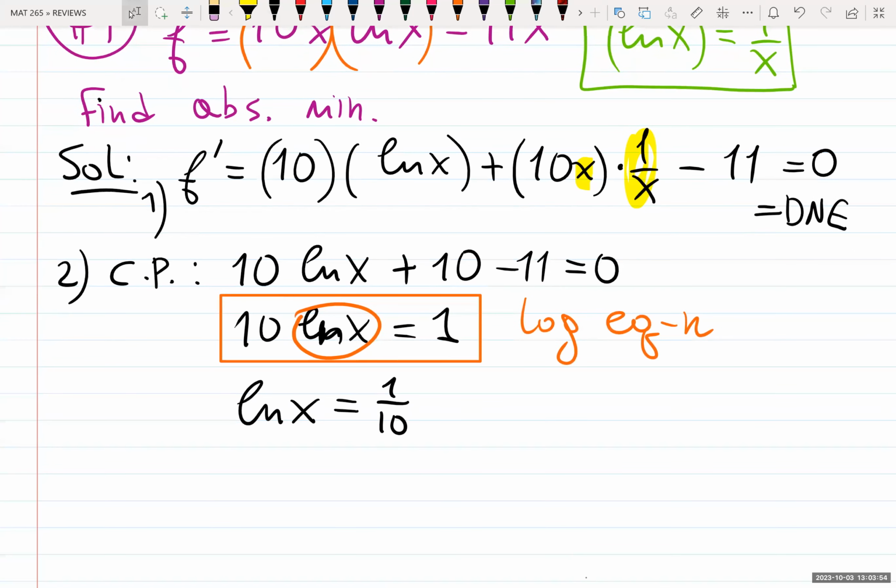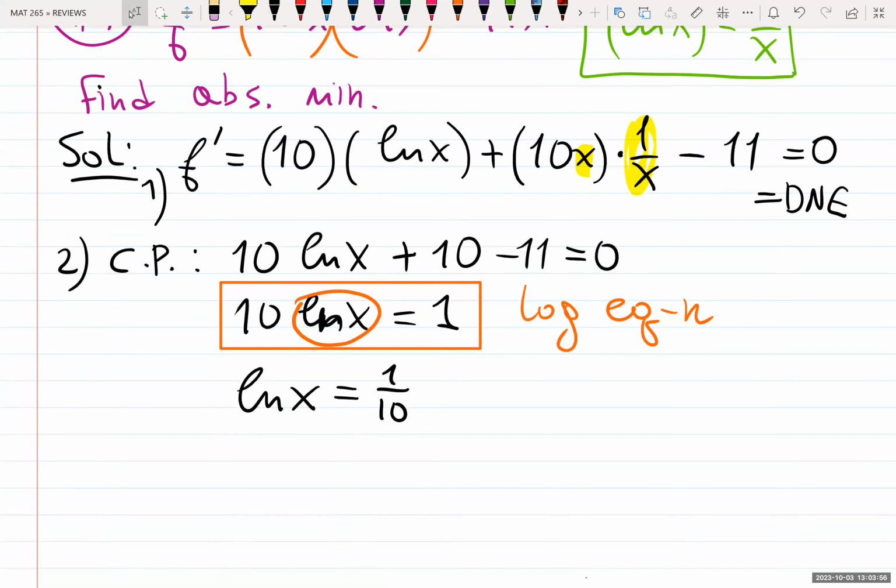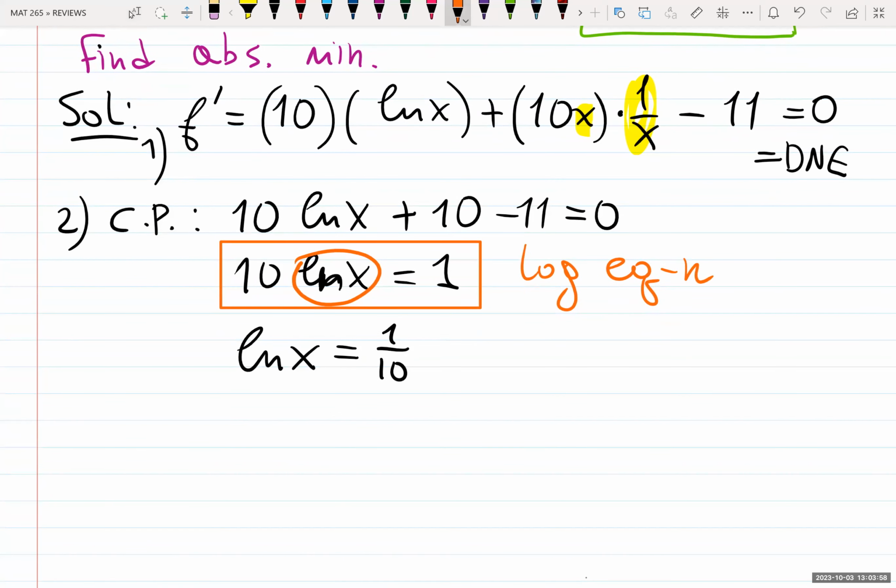When you finish isolating ln x or e to the x, you apply the other function to it. If it's ln, apply e to both sides. If it's e, apply ln to both sides. That is because e to the ln cancel each other out, it actually means the inverse function, so they are undoing each other. x equals e to the 1/10.